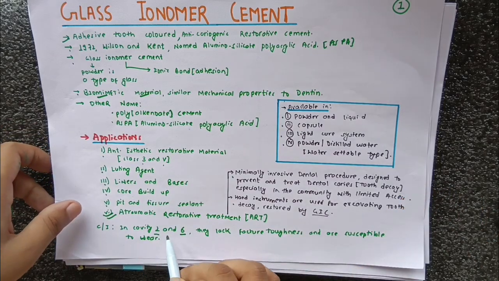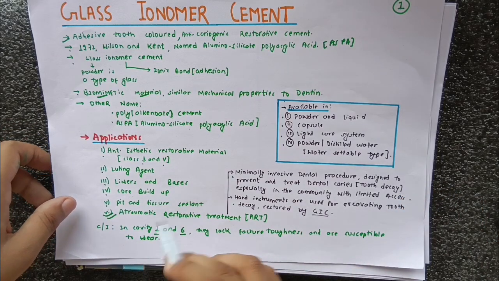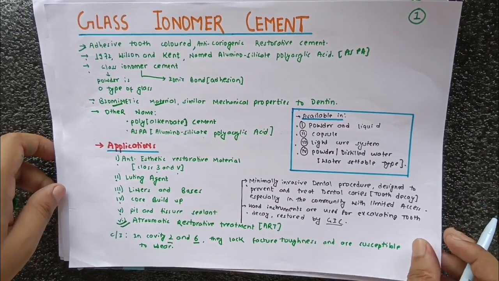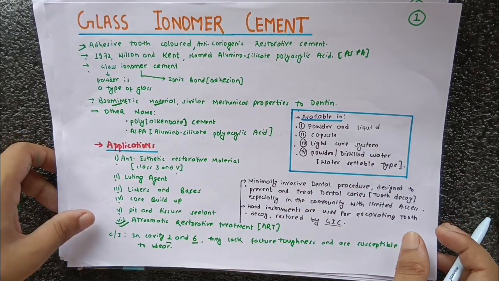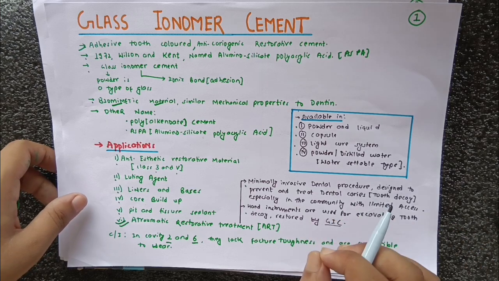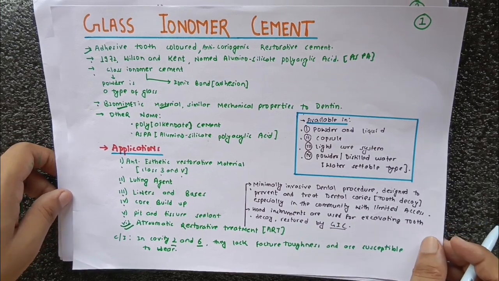Just remember, cavity number 2 and cavity number 6 are contraindicated. But its modifications we can use in those, while the conventional form of GIC can't be used there.